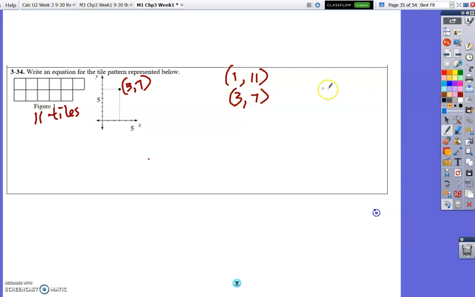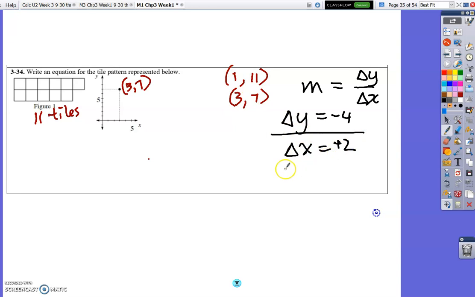So I'm going to find the slope first. So my slope, my delta y over delta x. Delta y is from 11 to 7, that's down 4. And delta x is 1 to 3, so that's up 2. And so my slope is negative 4 over 2, which is negative 2. So there's my slope. And then I just need to figure out what's happening.